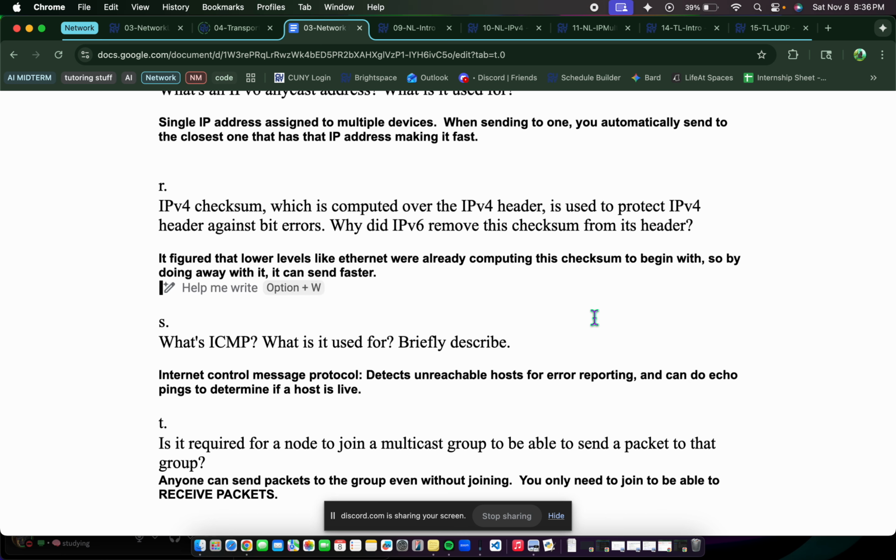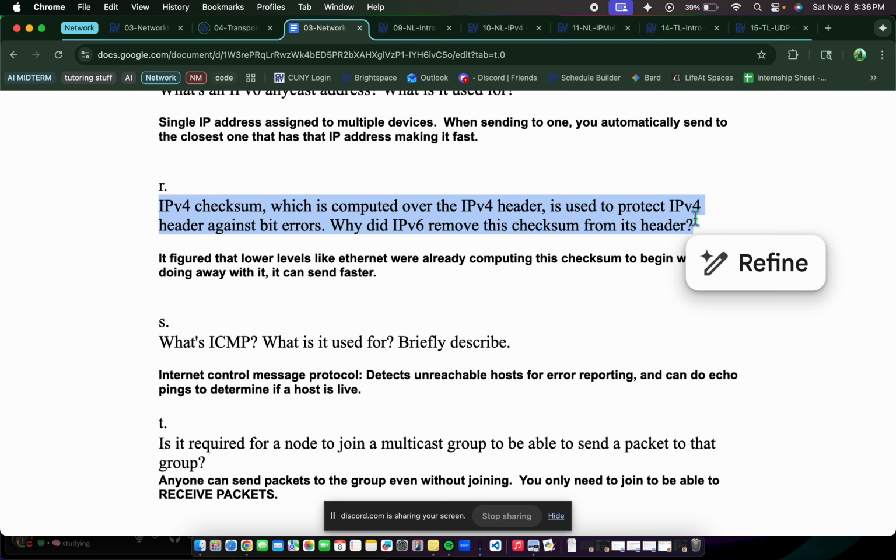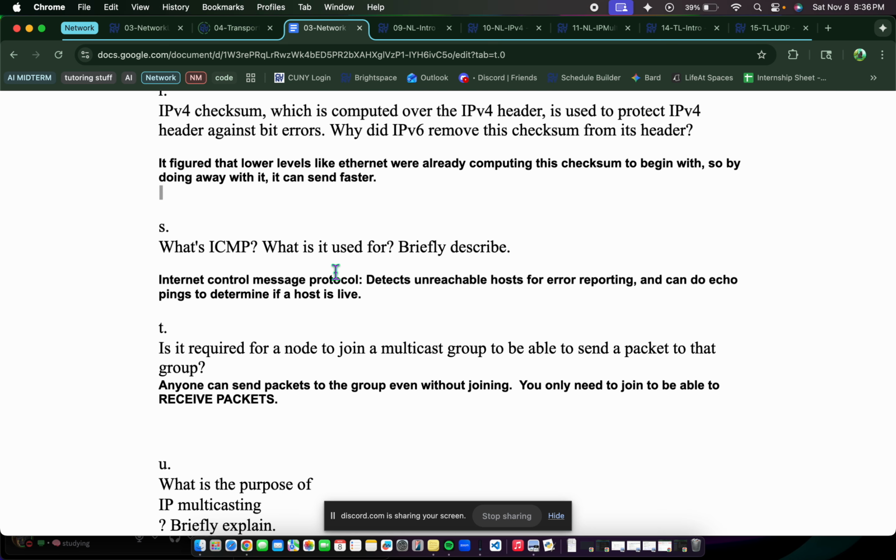We should just be able to do this a lot faster. And that's why IPv6 was just like, let me just get rid of this completely. Because again, it's a new protocol, so it can change its way of doing it. IPv4 is kind of set in its ways, so it can't really change things up right now. But if they're starting clean with IPv6, let's just get rid of that. Let's make it go faster. It's redundant. At this point, Ethernet's the standard anyway.